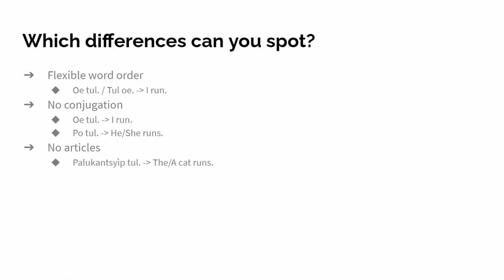But of course, a bit of meaning can get lost because the cat runs means something slightly different from a cat runs. But most often, context helps us. In such example sentences, of course, where there is no context surrounding it, we can only guess what it means, and both translations then would be fine.